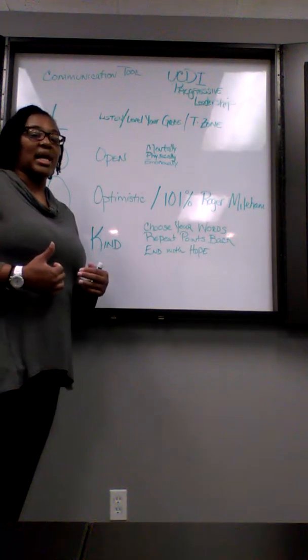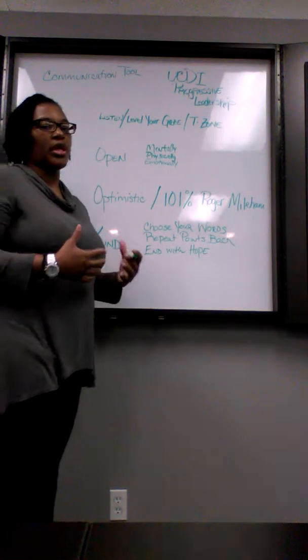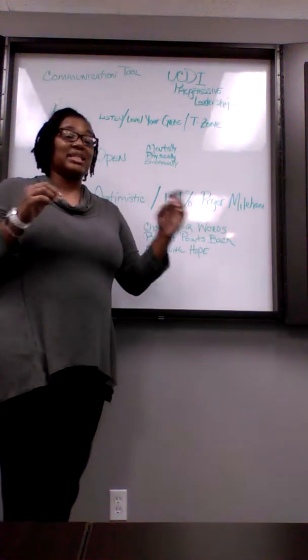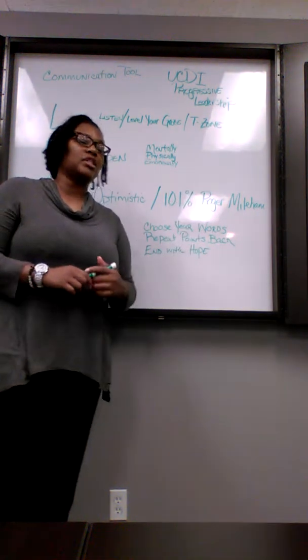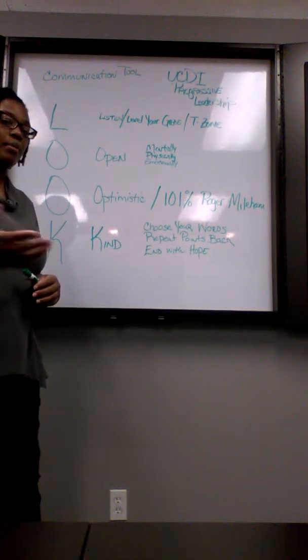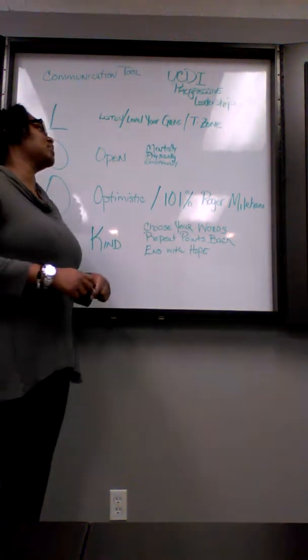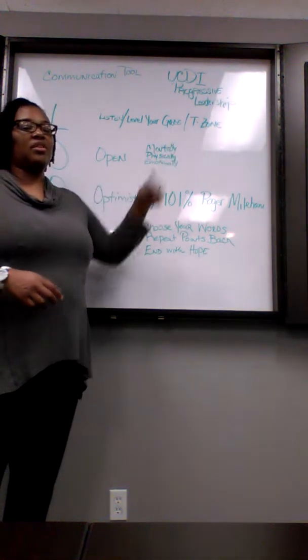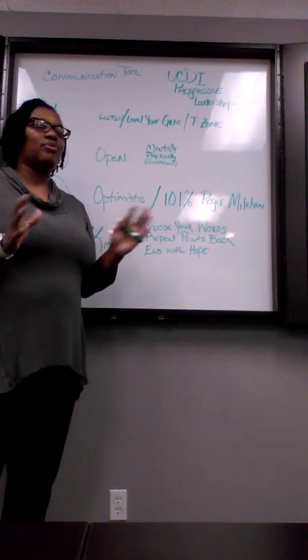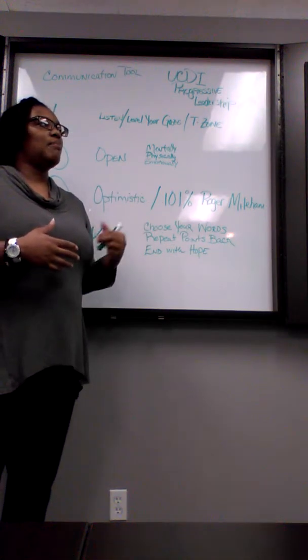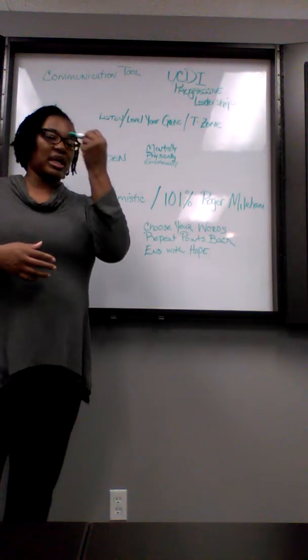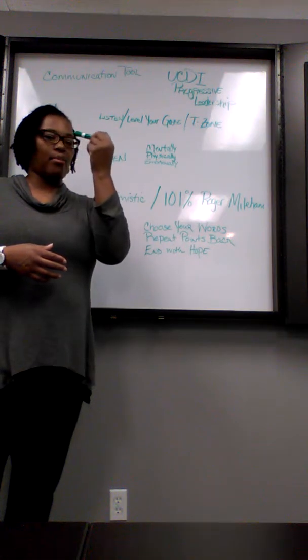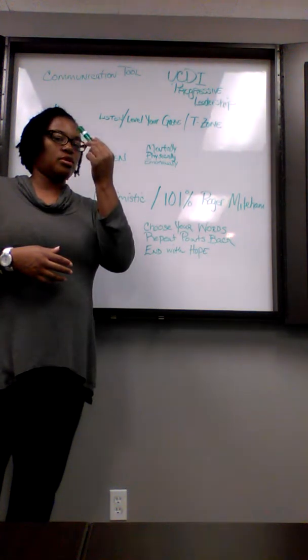And the T-zone. Sometimes, whether it's personality, culture, whatever, some people are intimidated by extended eye contact. So be aware of that, whether you are that person or the person you're speaking with is that person. The T-zone means that, without flitting your gaze, you make sure that you're touching points, looking at the T-zone area. Kind of go eyebrow to eyebrow, down to the tip of the nose, back up.